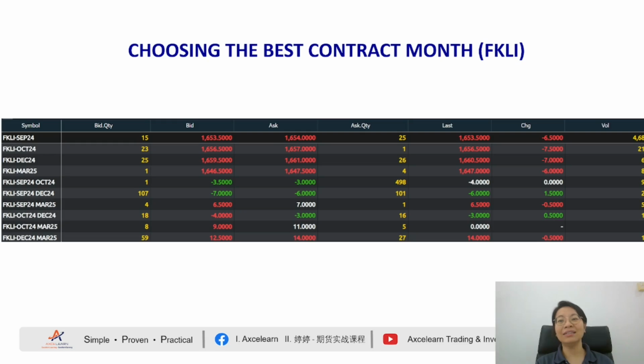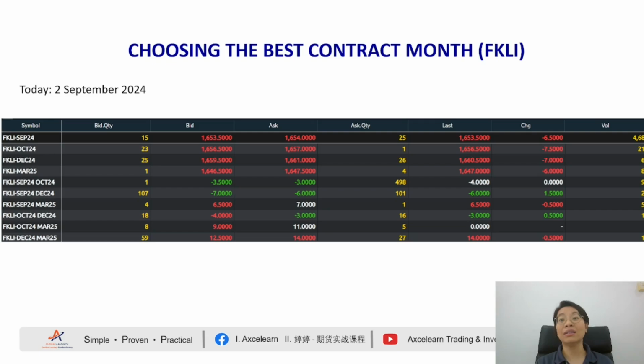The higher the trading volume, the higher the liquidity will be. So in short, based on that key factor, you're going to choose September as your contract month to trade. Now, the next question people are going to ask me is, can I trade October? Can I trade December? Or even can I trade March 2025 next year?